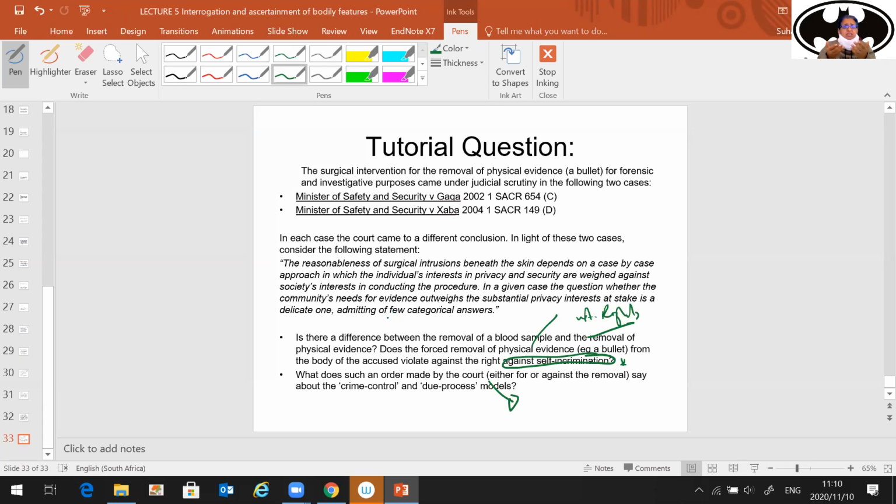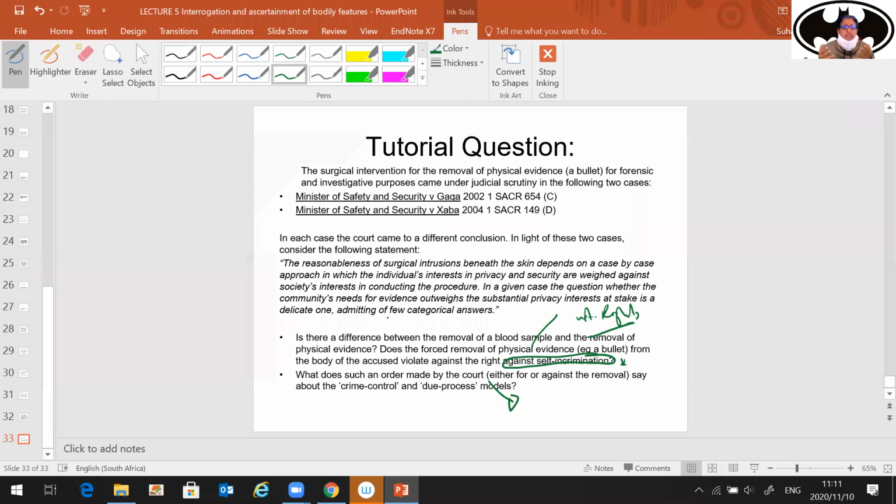The balancing exercise being the community's right to justice and the need to police, investigate and prosecute, and the only way to do that is with evidence, versus an individual's rights. If you look at both decisions together, ultimately what comes out is, how do you balance that?